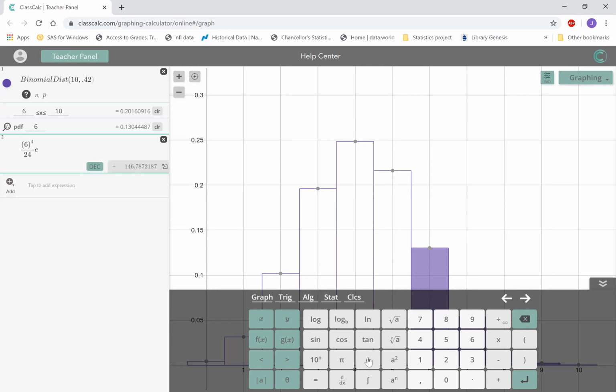So you press E, and then make that to the negative 6 power. If you do that, you should get 0.1339. All right, that's it for A. Any question in regard to A?